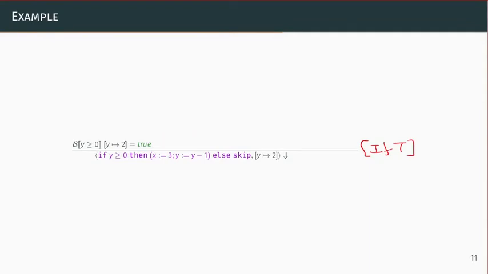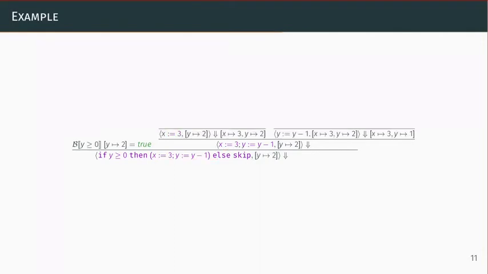Now we execute the body of the then branch, which is this here, under the state we have seen earlier. Now we have a sequence of statements for which we use the sec rule we have seen earlier. Those are the derivations of both components of the sequence. In both cases we use the rules for assignments.